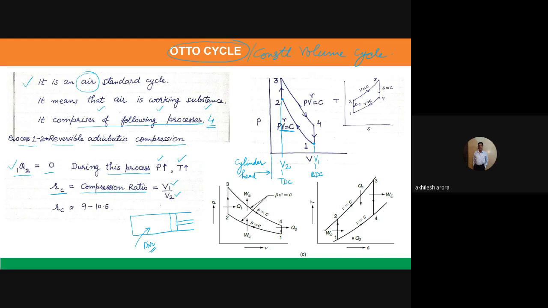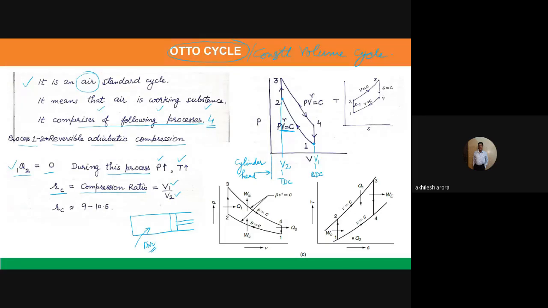Basically we are not considering any suction process in this particular case. We are starting from the compression process. So at point 1 the piston is at BDC and it moves upwards towards the TDC, and at this point the compression gets completed.